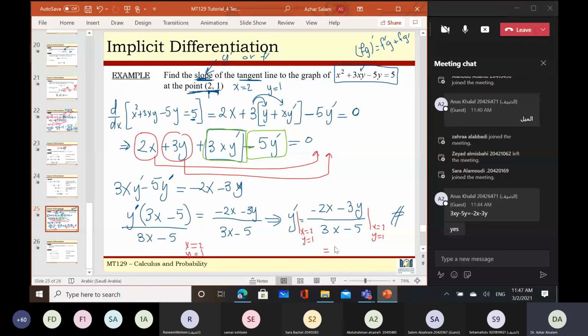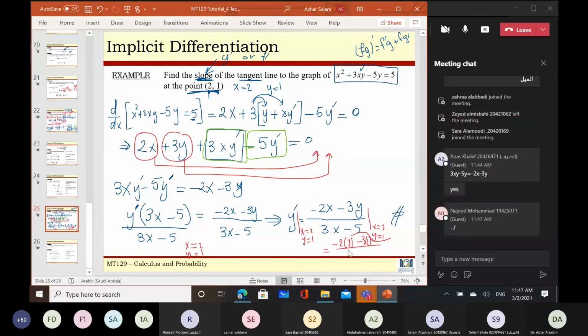So the answer will be minus 2 multiplied by 2, minus 3 multiplied by 1, divided by 3 multiplied by 2 minus 5.